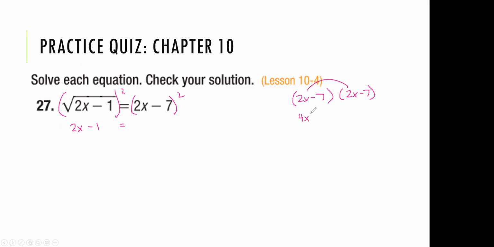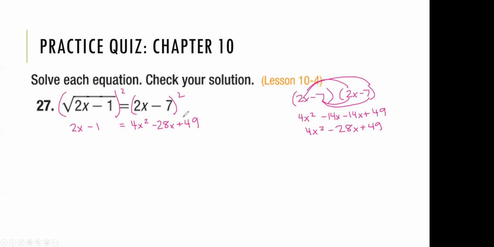We've got 4x squared minus 14x minus 14x, and then negative 7 times negative 7 is positive 49. We combine our like terms, so that's negative 28x plus 49. So that would be 4x squared minus 28x plus 49.